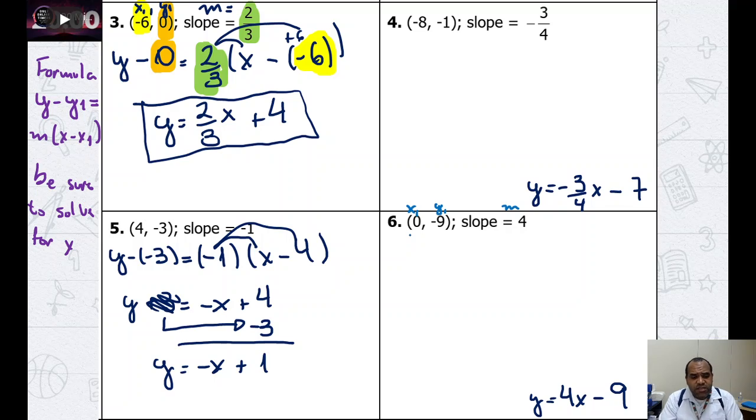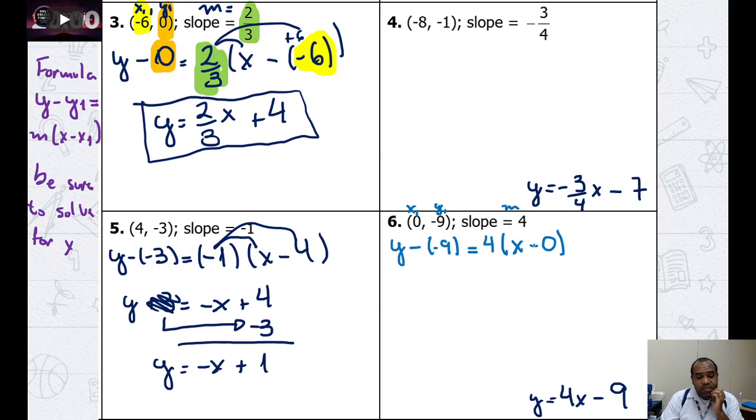Let's right now just write the equation over here. y minus, my y1, guys, as you notice, is negative 9. Remember, when you have a negative number, remember to use the parentheses, okay? Equals my slope, it is 4, times x minus my x1, as you notice here, is 0.